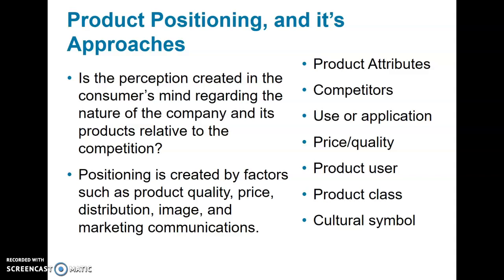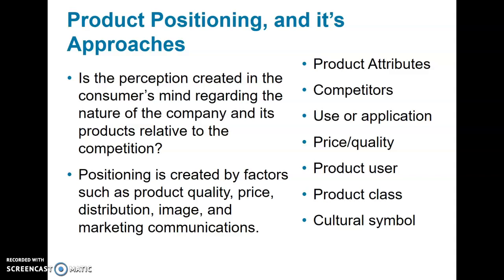And so companies need to carefully consider where they're positioned in the marketplace and then develop ads to reinforce that image or move the consumers to the image that they desire. So if Domino's advertises, "Our pizza beat Pizza Hut in a recent test taste," the positioning approach would be based on competitors.